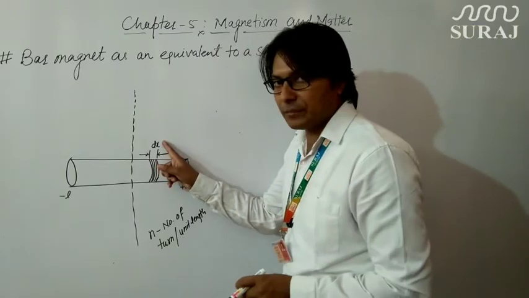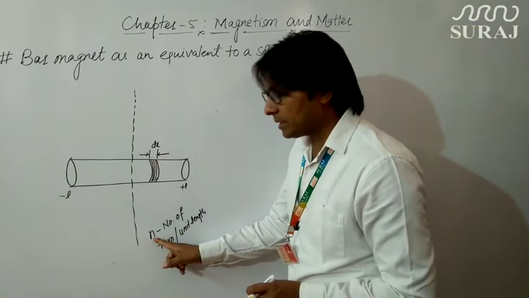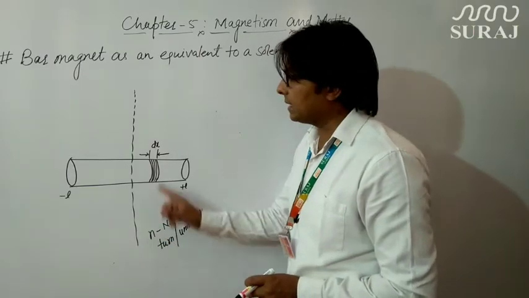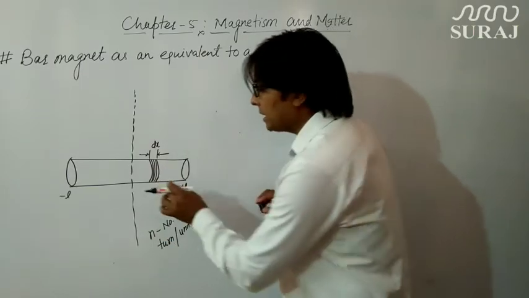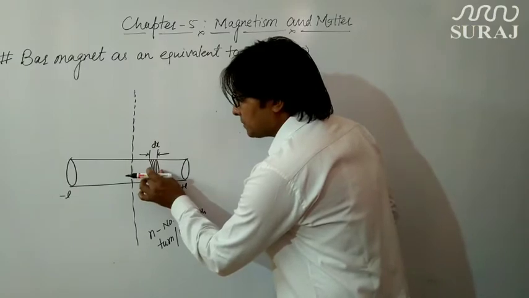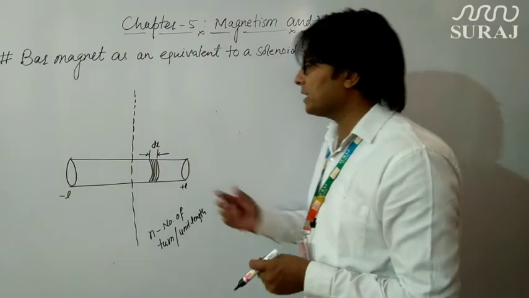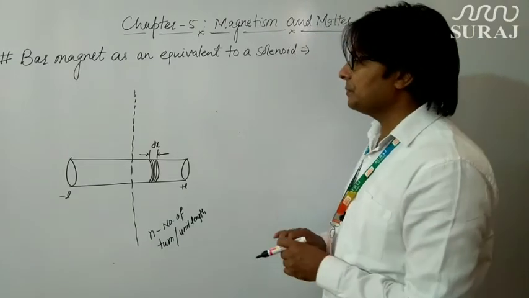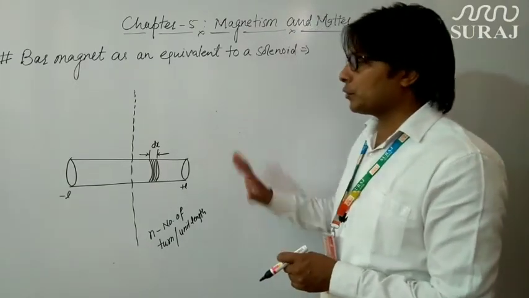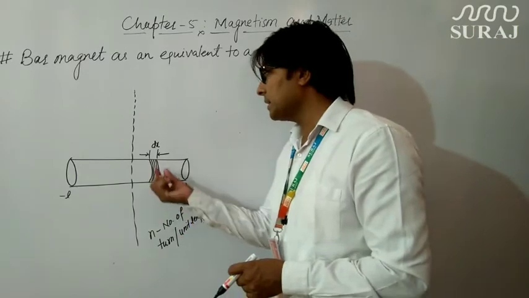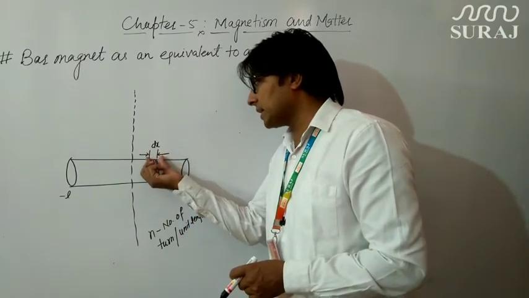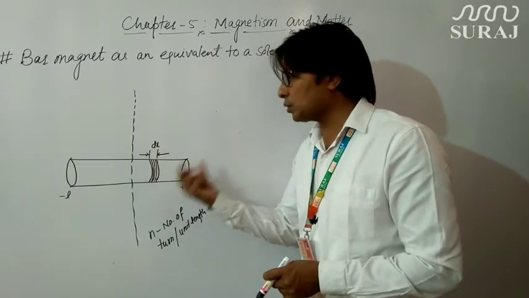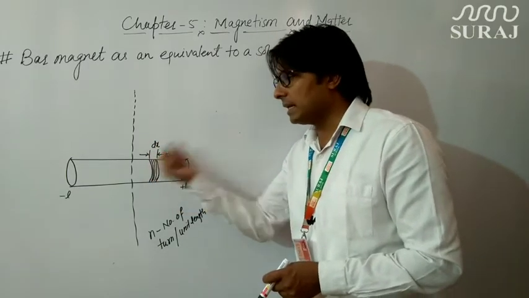So dx is the differential length, and if I multiply this dx by this small n, then definitely we can calculate the number of turns in this much of length. Why we are taking this much of length, we will discuss during the course of derivation, but for the time being, you must remember that we have taken this as dx, differential length, which consists of n into dx, total number of turns in this length.